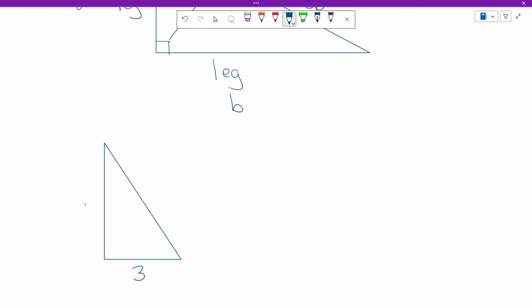So, if this side is 3, this side is 4, and this side is 5, is this a right triangle? Yes. Okay. Is 5 squared equal to 3 squared plus 4 squared? No. You're changing your tune on us.